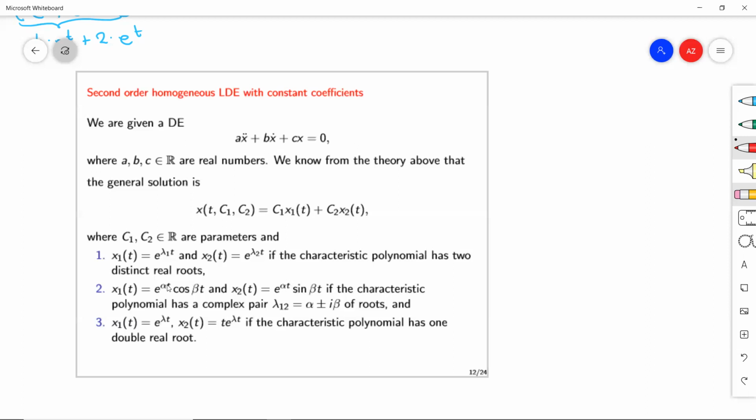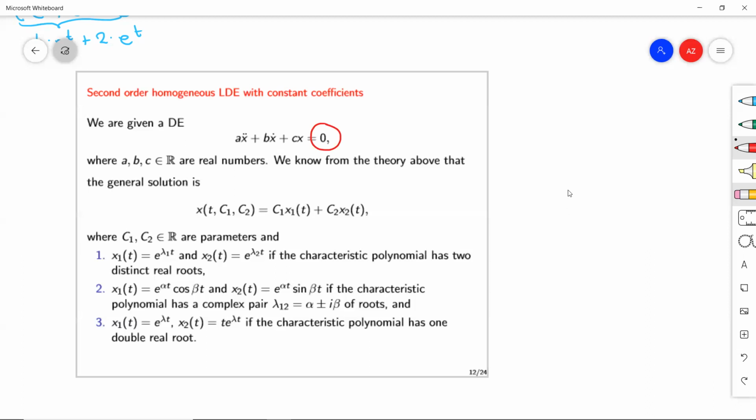Okay, and for the end of today, let's only say something about how to solve the case when on the right hand side of this differential equation you don't have 0, when you have a non-homogeneous differential equation.